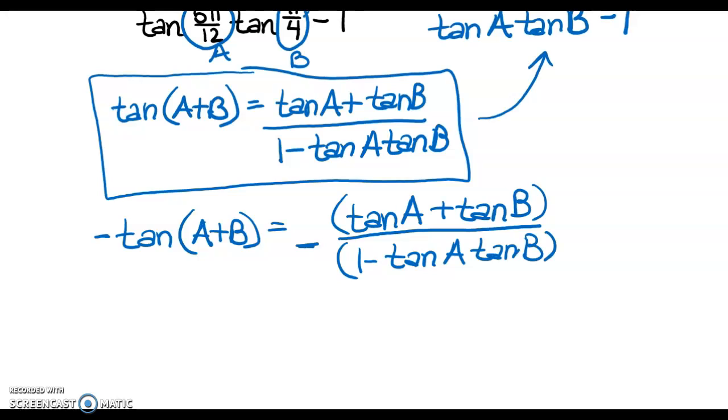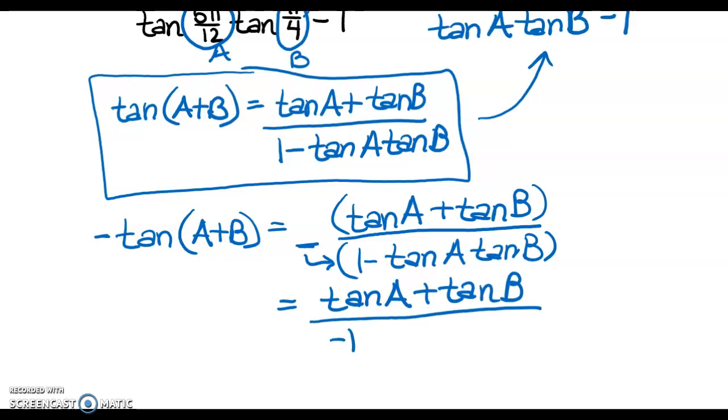What would happen if I applied that negative instead of putting it out in front? I have the option of applying it to the numerator or the denominator. So let's apply this to the denominator of this fraction. All right, so that gives us a -1 plus tangent of A, tangent of B.